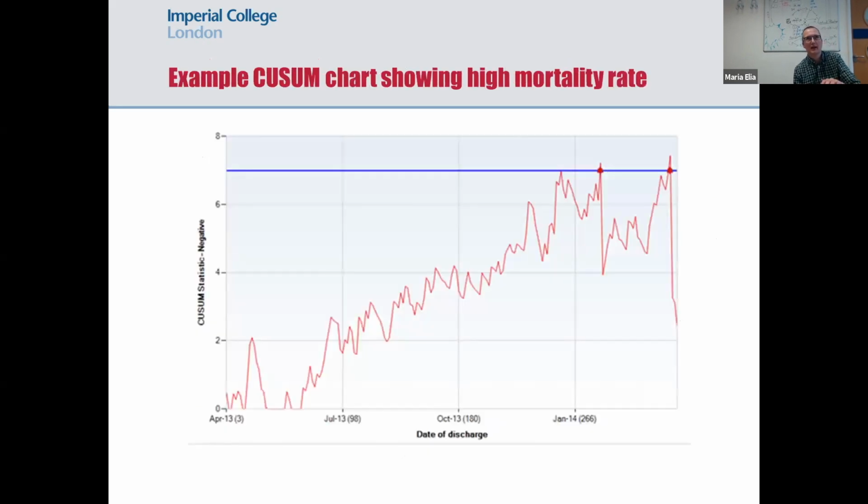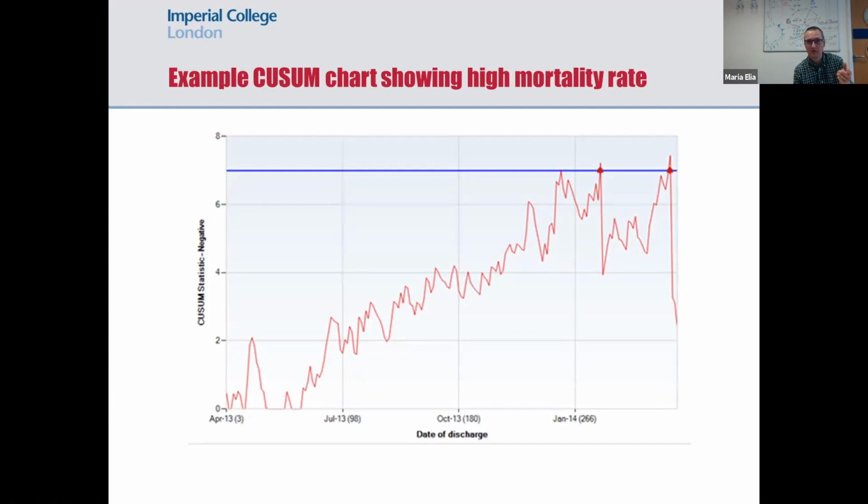So here's the chart. Here is all the charts used in this monitoring system. You've got the date of discharge, hospital discharge, along the bottom in chronological order, and you've got this statistic up the side, which is essentially a function of the difference between the observed and the predicted outcome. When the patient dies, this chart will go up.